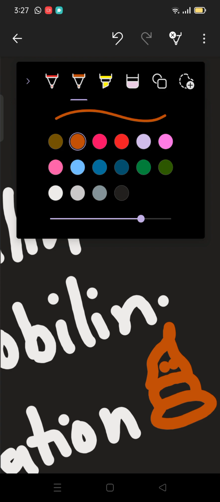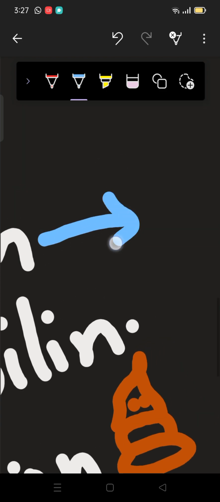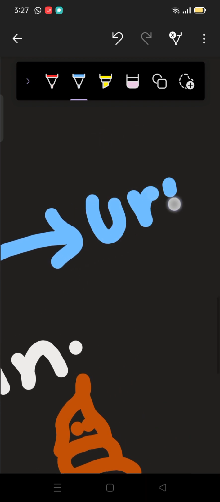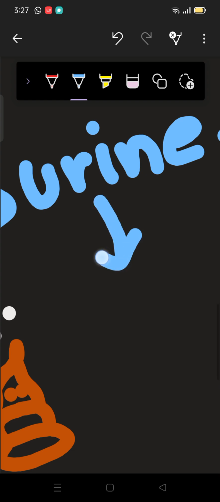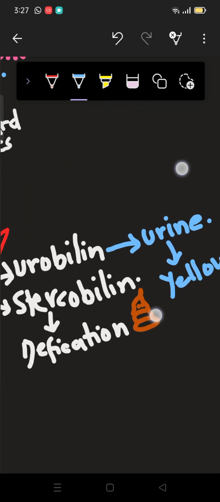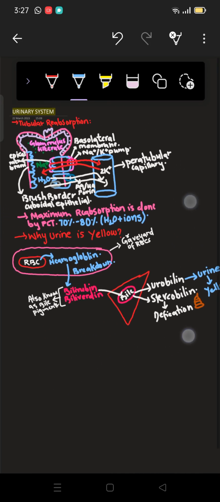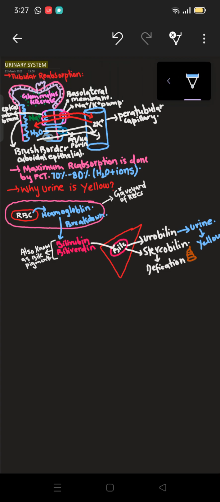Urobilin is used for the urine, and it makes your urine yellow. So here we have gotten the answer why our urine is yellow, just because of the pigment which is known as urobilin. Just because of urobilin, our urine is yellow.